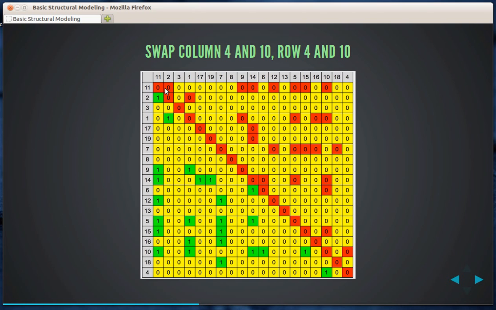Now, the red zero is inferred from the relationship. So if city 11 is north of city 2, then city 2 is not north of city 11. So these red zeros, again, are inferred from the relationship.